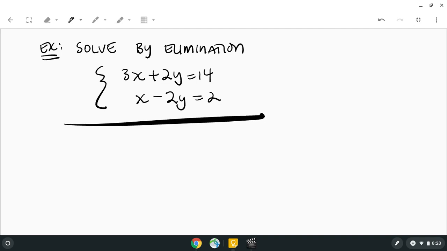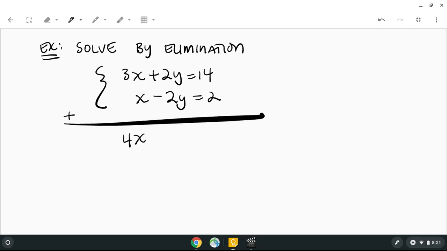I'm combining these two equations. 3x and 1x is 4x. 2y minus 2y, eliminated. So I don't have to put anything there. And 14 and 2 is 16.